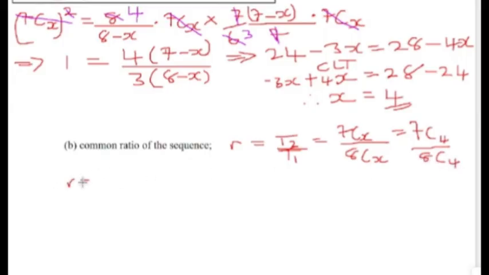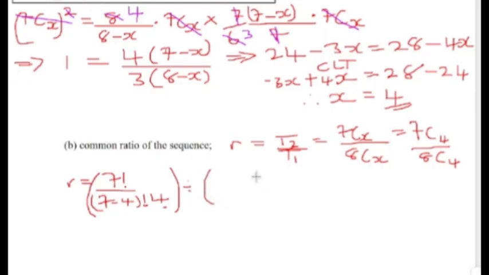So we continue here. R will now be... what is 7 combination 4? This is the same thing as saying 7 factorial divided by 7 minus 4 factorial, then you have 4 factorial. Let's put them in brackets and express it neatly.